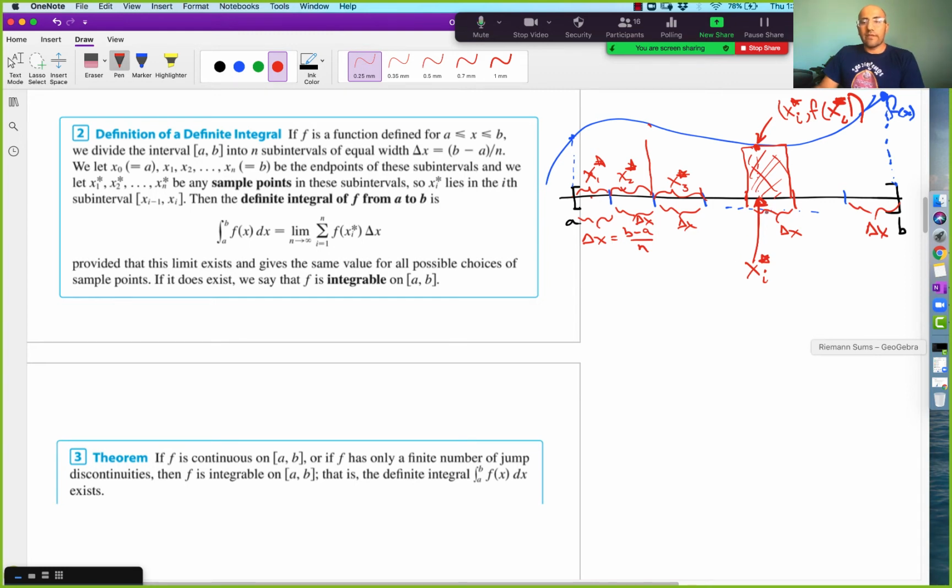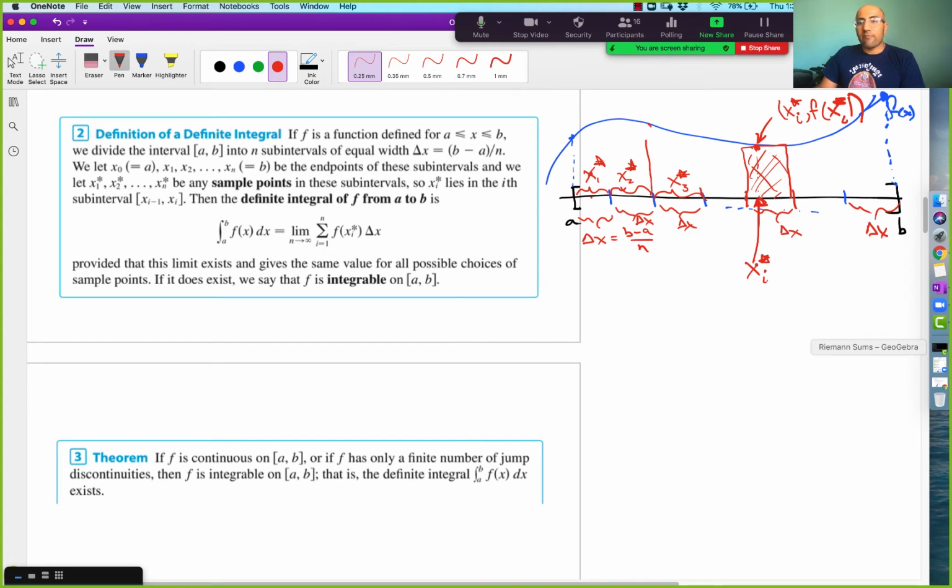Good. It's got a width of delta x. Delta x is a fixed formula, b minus a over n. But the height varies. Now, when I'm only doing a limited number of rectangles, the sum of all those rectangles will vary based on my exact choice of the x sub stars, right? That list.